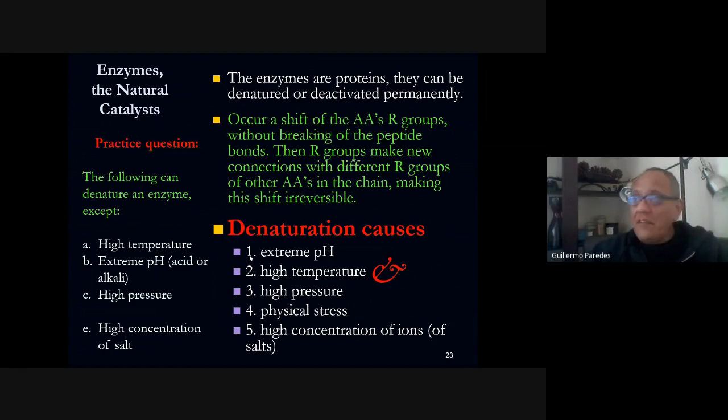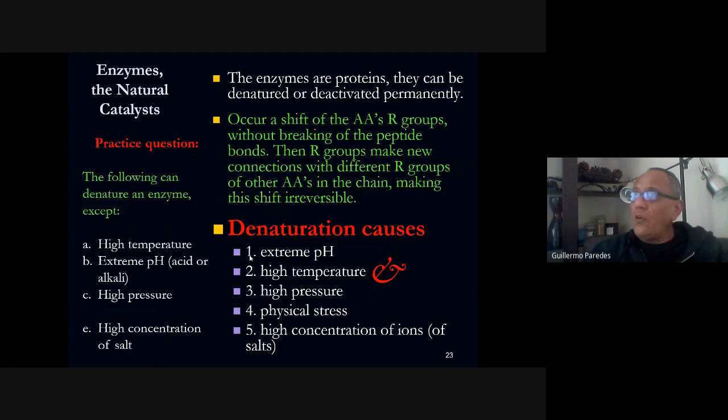Sulfuric acid, put your finger there and the finger is done, because it destroys the cells. It destroys protein. Extreme pH in the blood. Of course, you're not going to put Clorox or sulfuric acid, but there's a range of pH that we are going to learn in a few moments. High temperature.